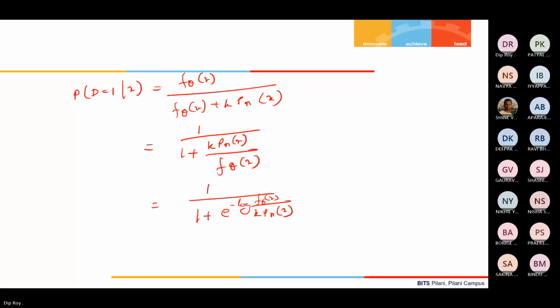And ultimately, what you see is that this has taken the form of a sigmoid function or a logistic regression function.